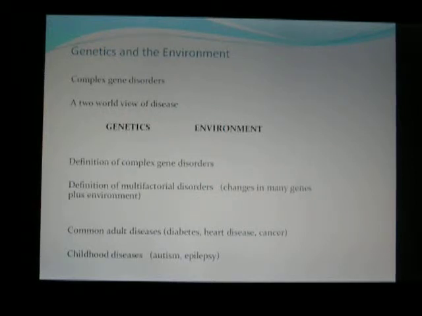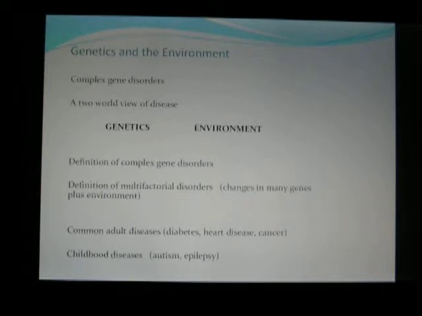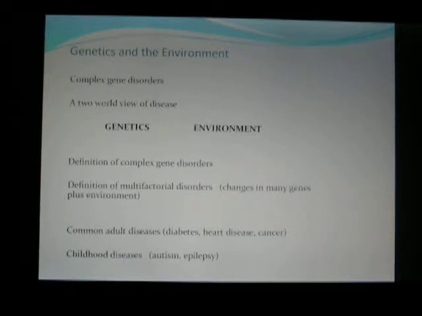A very broad way to look at disease is that all disease is either due to a patient's environment or their genetics. So when talking about complex gene disorders, we will in the future be talking about autism, epilepsy, and also common adult diseases such as diabetes, heart disease, and cancer.